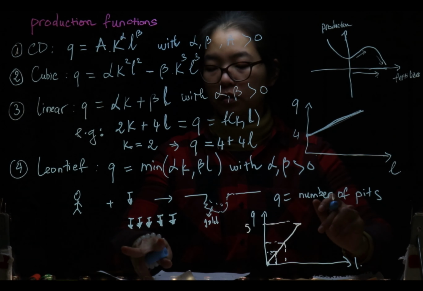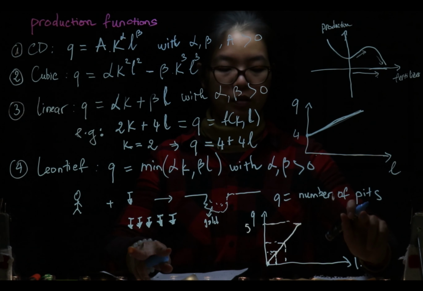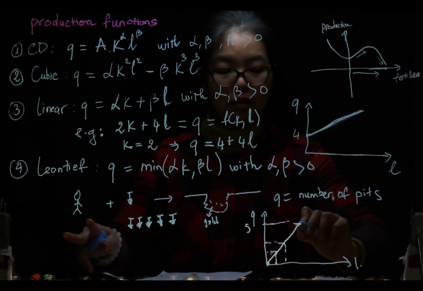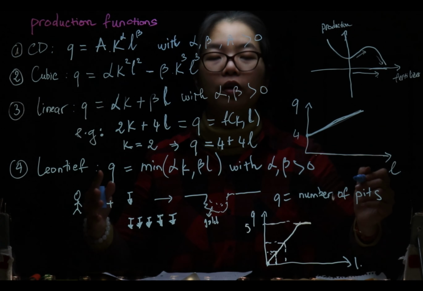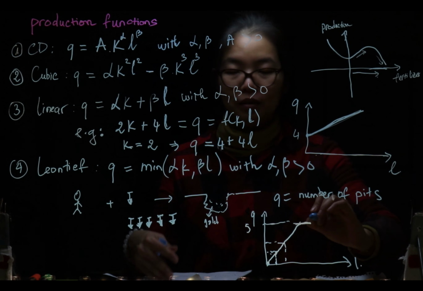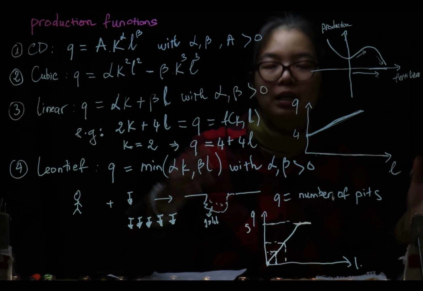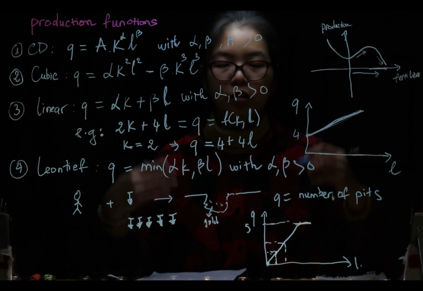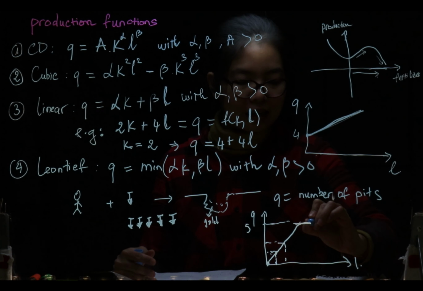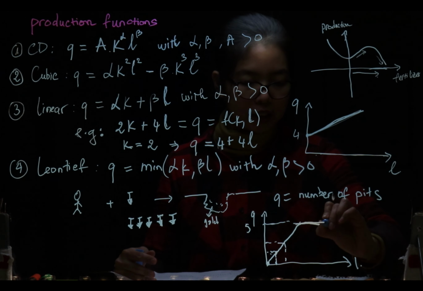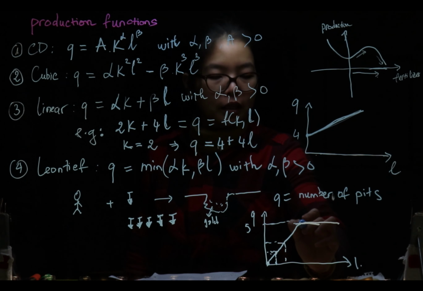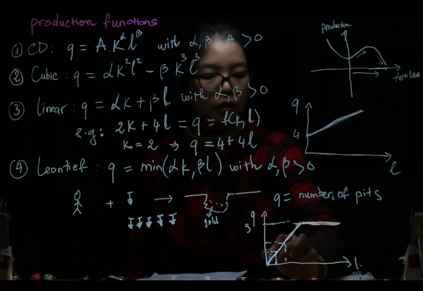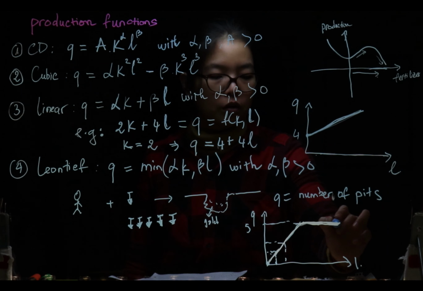If you have 5 persons, 5 spades, you have 5 pits, right? But then if you increase another worker, like you have 6 workers, he has nothing to do, right? Because there's no spade. So workers and spades can't be substituted for each other. So it's fixed. And then the same thing, if you keep increasing the number of workers, nothing changes. You get no more pits, right? So this is how the production function of this form looks like.